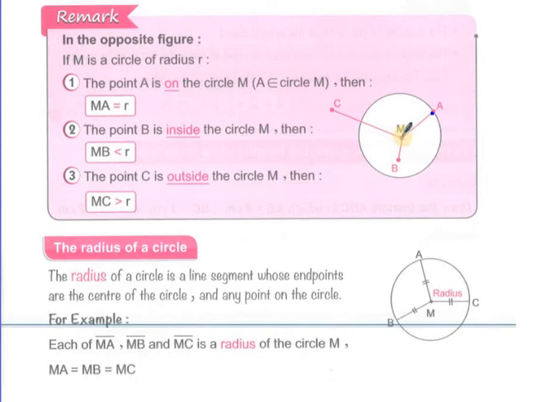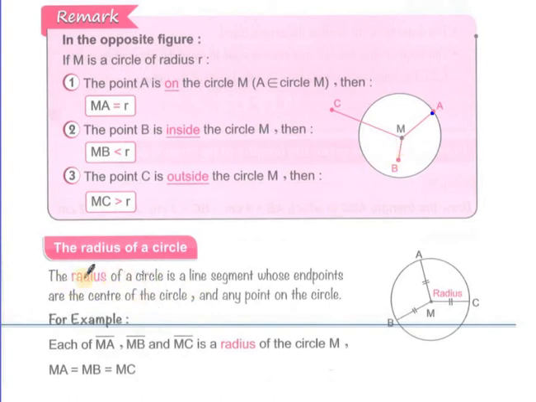If the length from M to A equals the length of the radius, it means it's on the circle. And if the length is more than the radius, okay, so it's out of the circle. And if it is less than, it means it's in the circle.